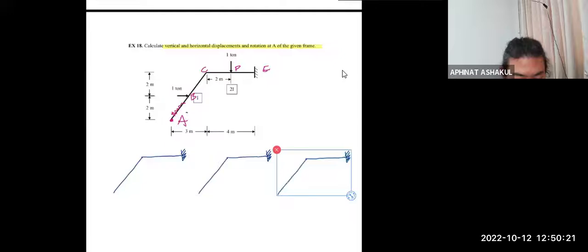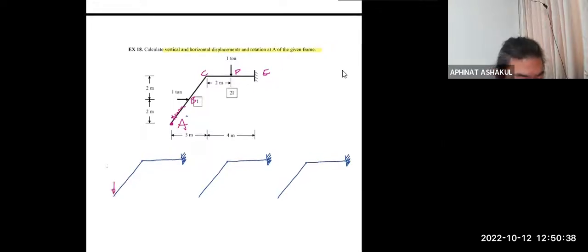Not bad. Okay. So we got three identical structures to do the copy and paste option. In order to get the vertical displacement, here we need to apply the vertical unit load.